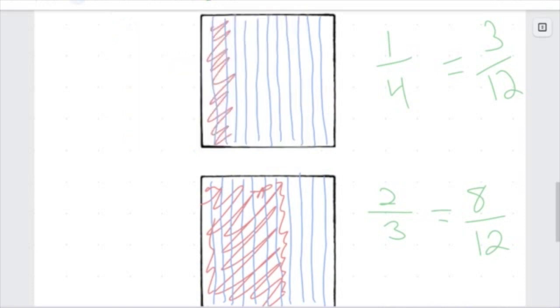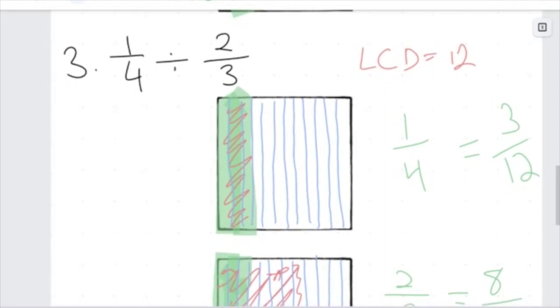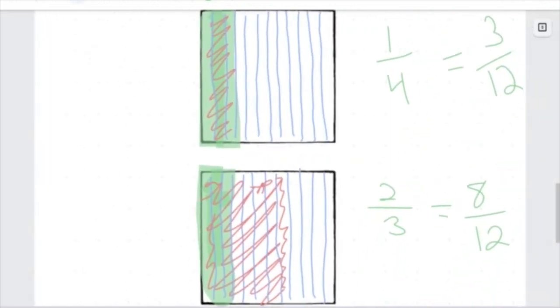Now, you should be able to see, I know there's a lot of lines, it's a bit hard, but we can see only this many go into my top fraction square here. So what portion of my 8/12 or my 2/3 are going into my quarter? Well, I have 3 that I've shaded in out of 8.